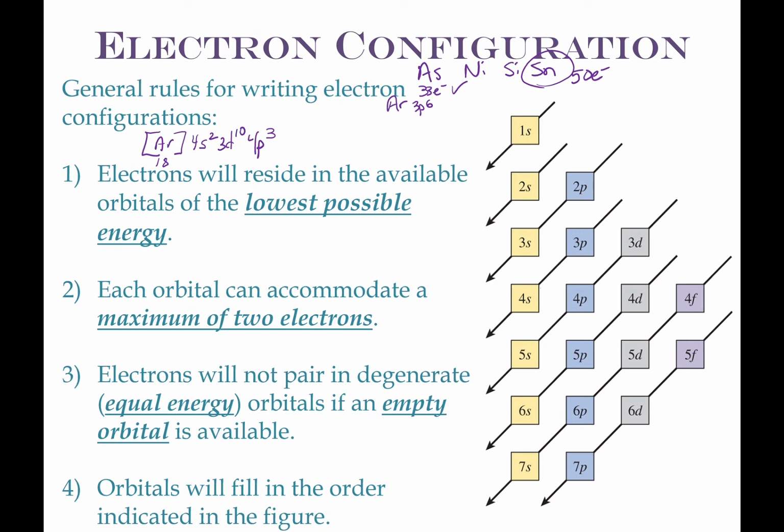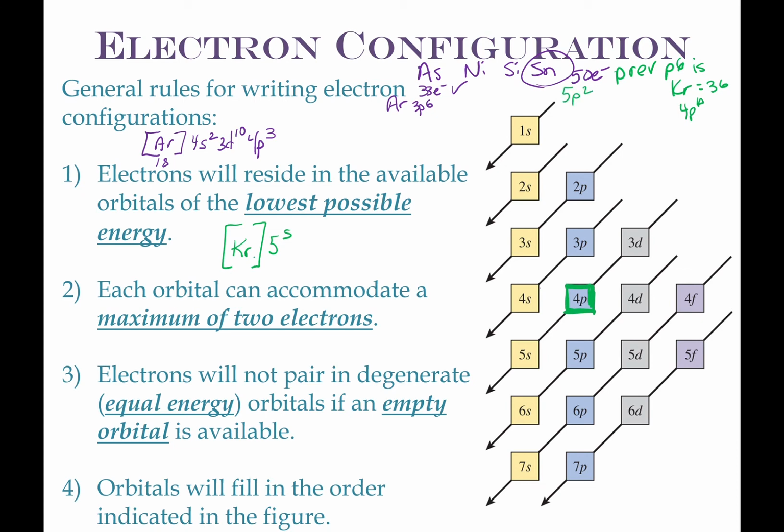My previous p6, so I go backwards from 50, would be krypton, which is number 36, and it ends in, 1, 2, 3, 4, it's in the fourth row, so it's 4p6. So I'm going to go here to 4p, and I'm going to start it with krypton. So krypton, then I fill 5s. Well, where am I going actually? Tin is 5p2.